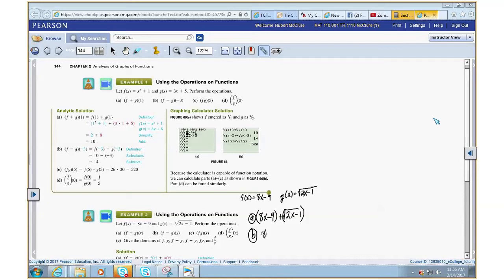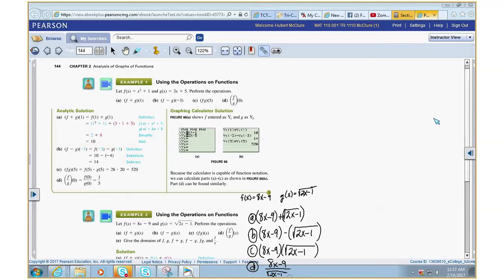B, 8x minus 9 minus the square root of 2x minus 1. C, 8x minus 9 times the square root of 2x minus 1. And D, 8x minus 9 divided by the square root of 2x minus 1.